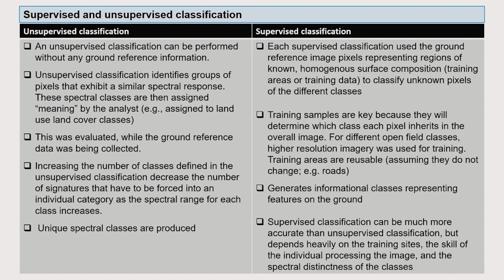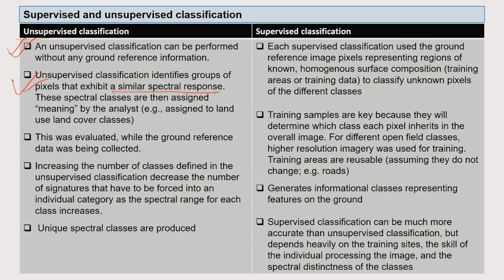Now if you look at unsupervised classification, it can be performed without any ground reference information. Means you do not need the ground reality information to classify your image. Unsupervised classification identifies groups of pixels that exhibit similar spectral response.